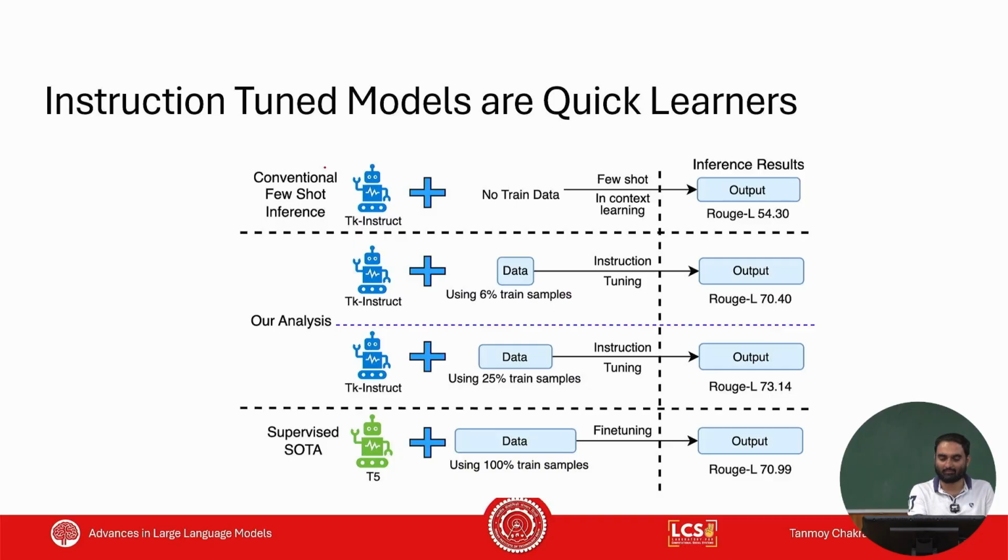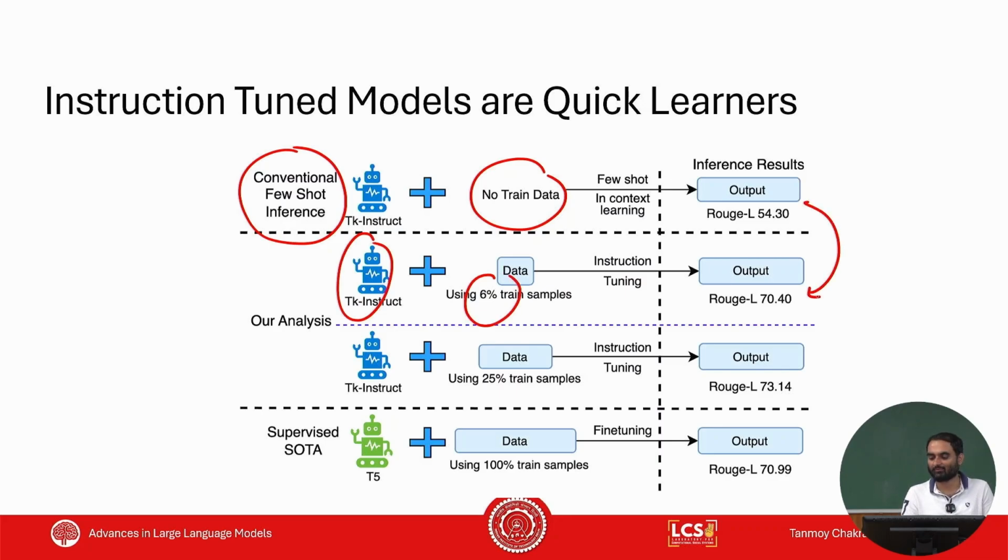Let's say you have a conventional model with no instruction fine-tuning, and a model with only 6% instruction fine-tuning data, you see the jump from 54% to 70%. With 24% of instruction fine-tuning data, 70 to 73, and with 100% instruction fine-tuning data, you may not see much jump, right? So the paper concluded that instruction fine-tuned models are quick learners. Even a small instruction fine-tuning would always help.